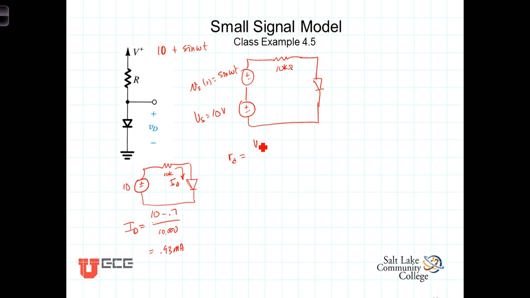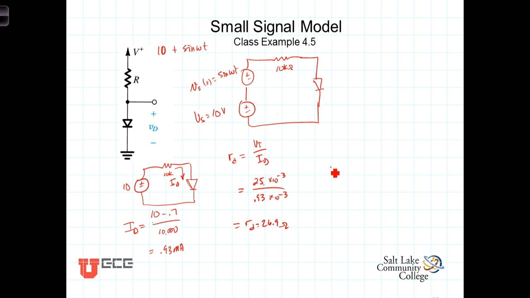R sub D is just equal to the thermal voltage divided by the bias current, I sub D. So this is going to be 25 millivolts times 10 to the minus third divided by I sub D, which is 0.93 milliamps times 10 to the minus third. And that gives us R sub D equal to 26.9 ohms.